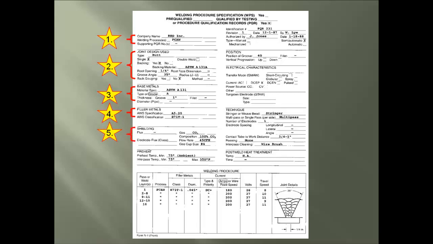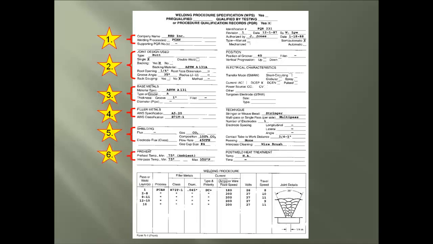Star number 5 covers the line items of shielding for the filler metal. If using submerged arc welding, you would place the type of flux being used to cover the arc. Then we see the gas, composition, electro flux class, flow rate, and gas cup size line items if you're using the flux core or gas metal arc welding processes.